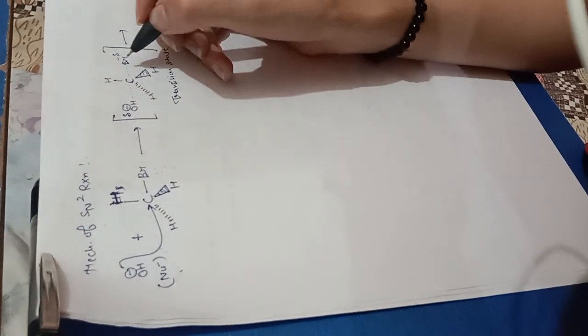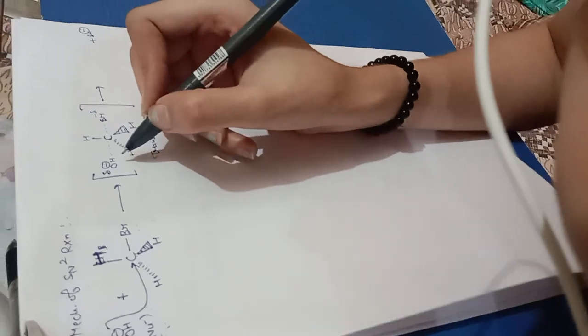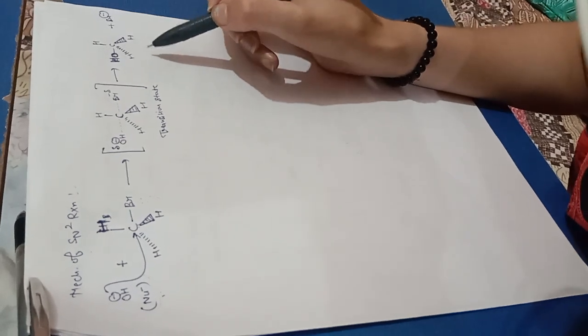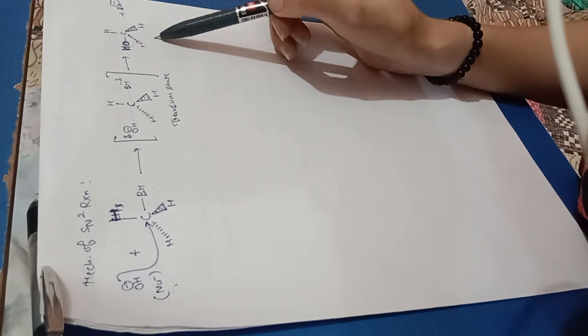Okay, ultimately bromine will leave with its bonding pair of electrons, and a complete bond will be formed between carbon and the nucleophile. So finally the alcohol product will be formed, that is, the bond between carbon and the incoming nucleophile is formed, and bromine is removed along with its bonding pair of electrons.